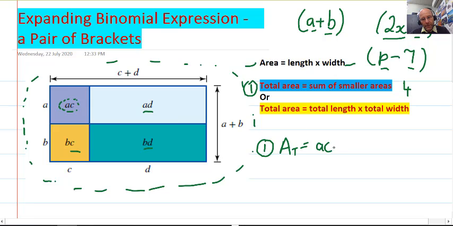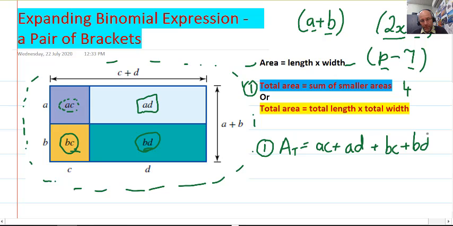So AC plus AD plus BC plus BD. And there's our result. And A, B, C, and D are pronumerals, so they could have any value.